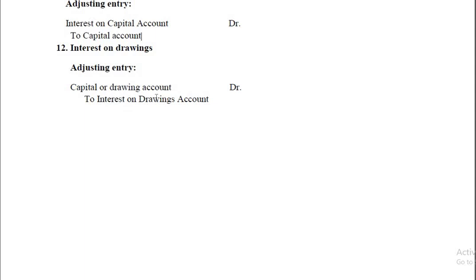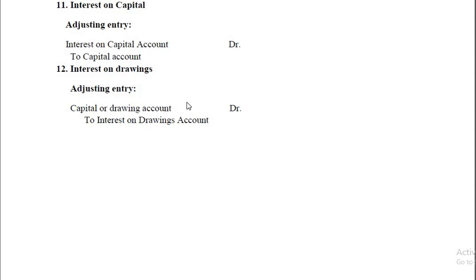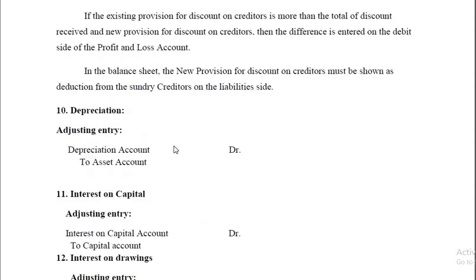Interest on drawings should be credited to profit and loss account, and then deducted from capital account on the liability side of the balance sheet, or added to drawings, and then the total drawings will be deducted from capital. These are the items to be treated while preparing the final accounts.